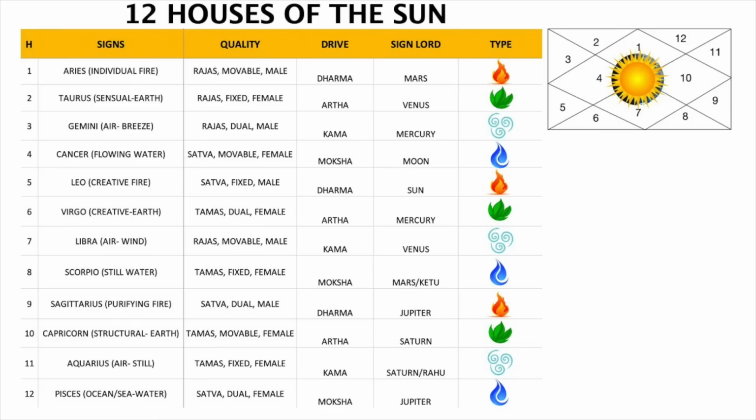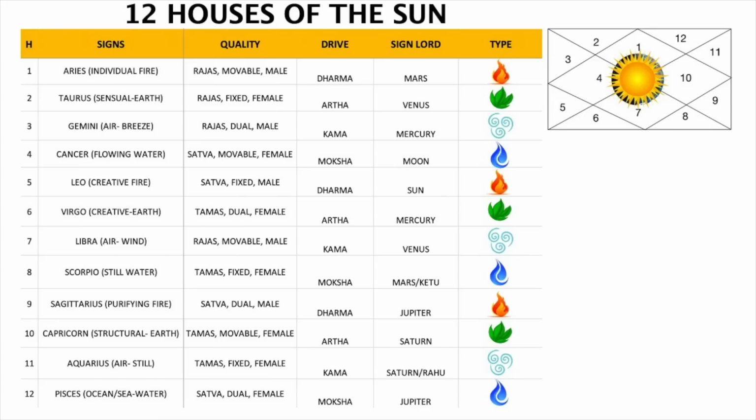In the last one, the water signs, Cancer is designated as flowing water. Its quality is Sattva, it is movable and it is female. This is the first of the Moksha houses as the drive. The Lord is the moon and it's a water sign. The second of the water signs, Scorpio, is still water like a lake which doesn't move, no waves in it.